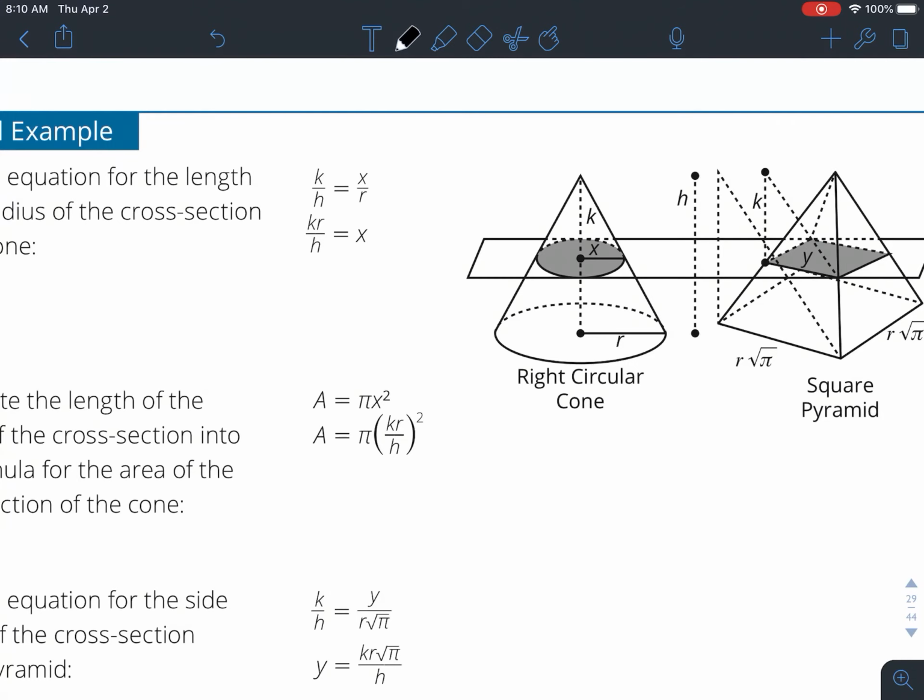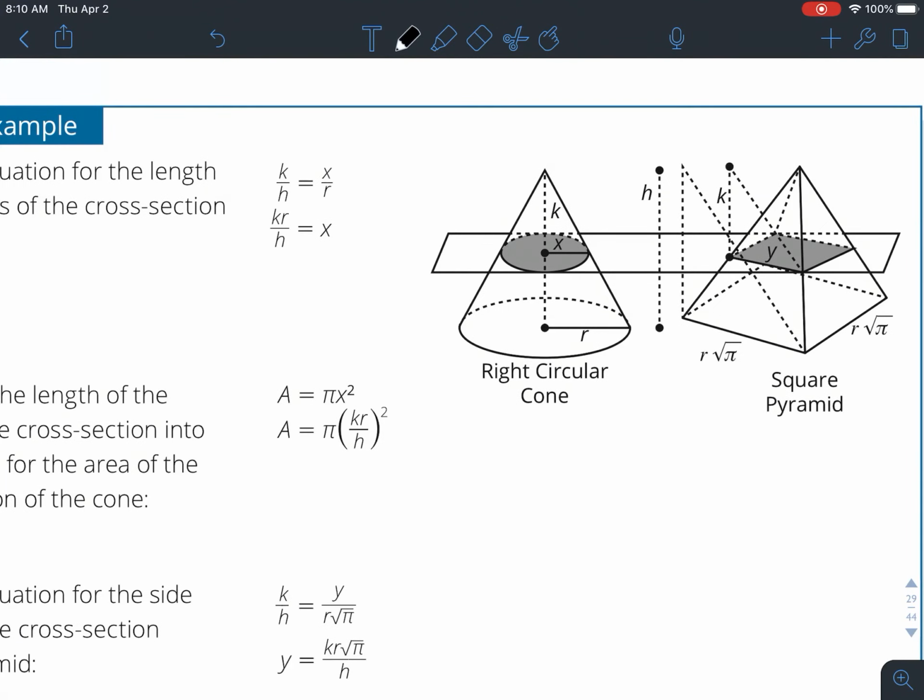They have k over h. So k is the height here, and h is right here, kind of like the shadow formulas we've done before. Then they have x over r, where x is right there, and r is right over there. And they also have kr.